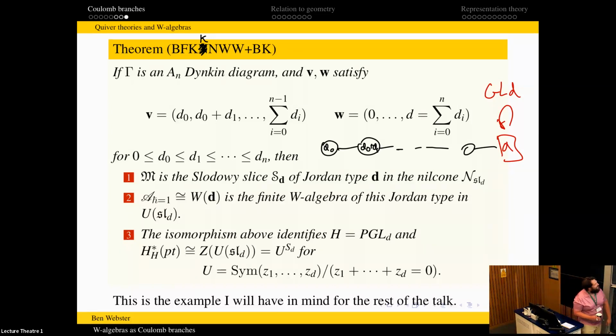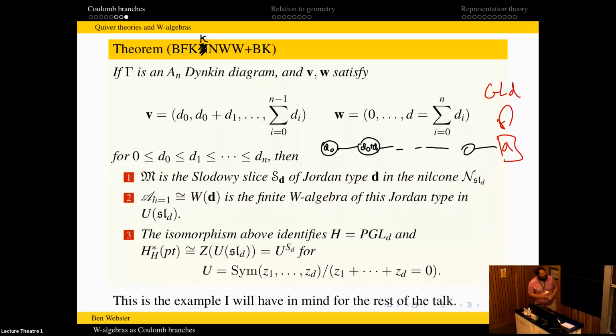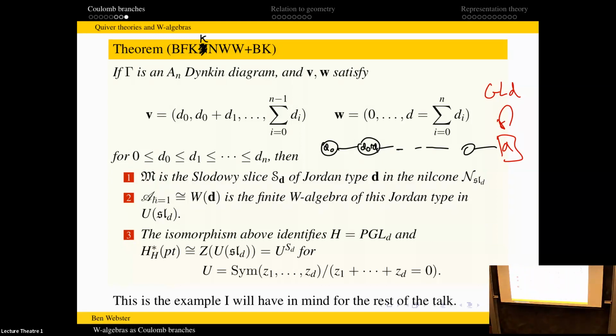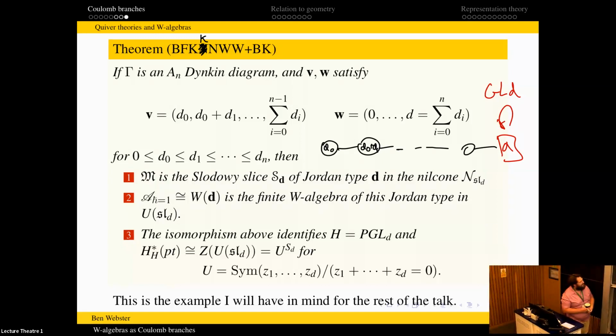And then Braverman, Finkelberg, Kamnitzer, Kodera, Nakajima, myself, and Alex Weekes all wrote down together the fact that this Slodowy slice matches up with the shifted Yangian. I think there were three groups of us who had separately figured this out. This is something where as soon as this definition of Coulomb branches existed, it was obvious this had to be true. And it's just a matter of writing out the proof.